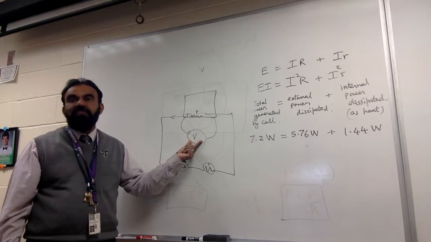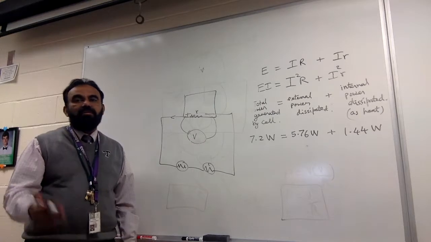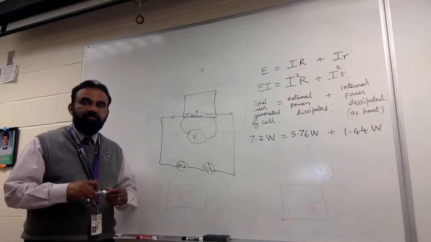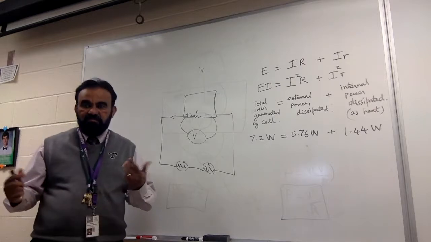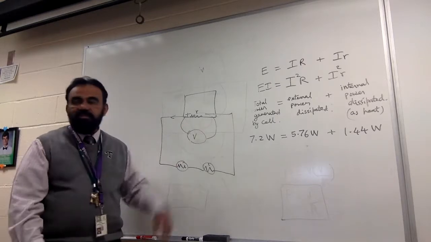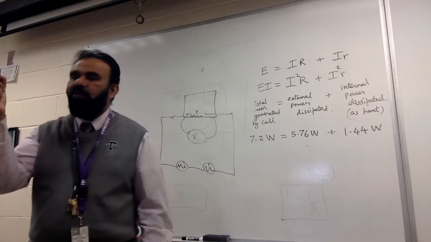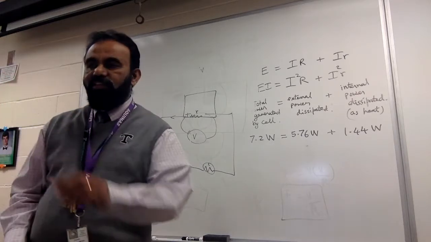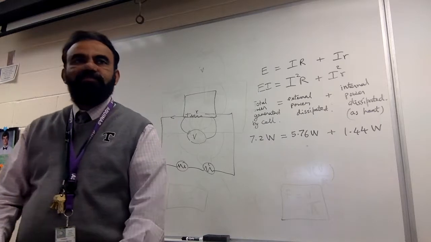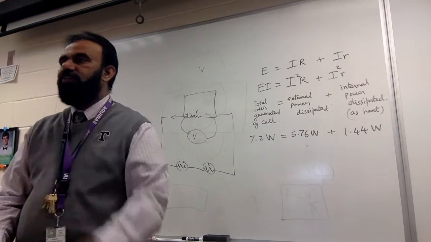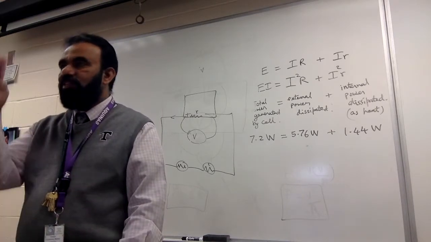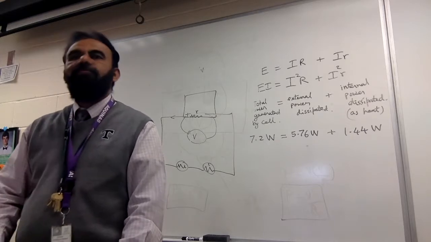It will read less. You can check this out in your car, actually. Check the battery voltage. It will read almost 12. And then turn on your headlights and you'll see the voltage dropping.